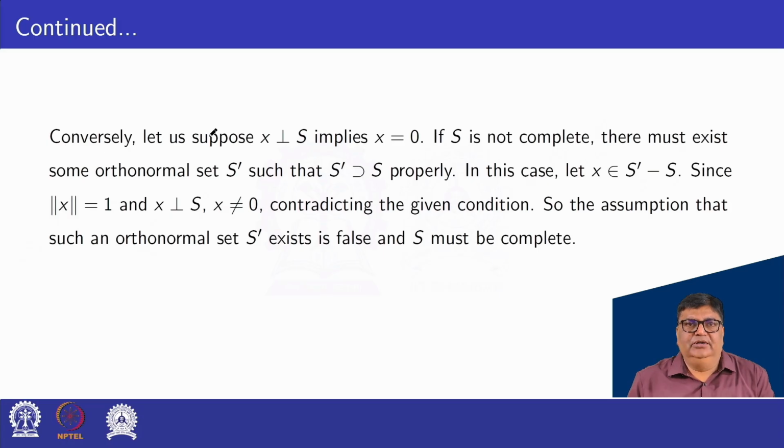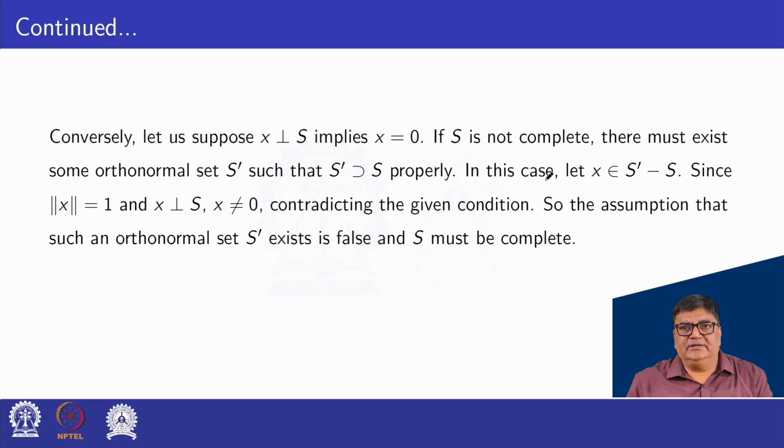Conversely, let us suppose that x perpendicular to S implies x is equal to 0. If S is not complete, there must exist some orthonormal set S dash containing S properly.